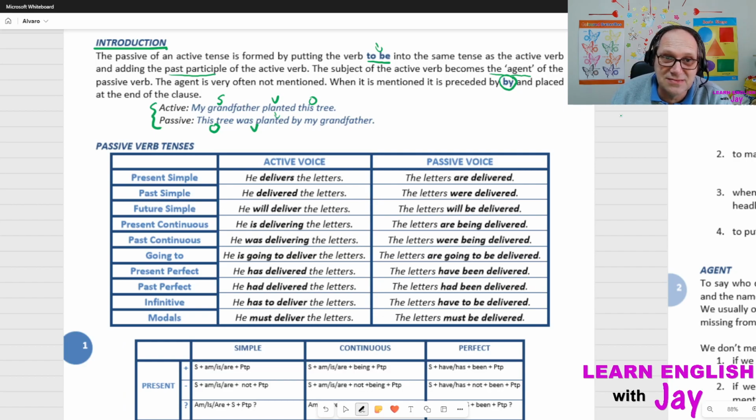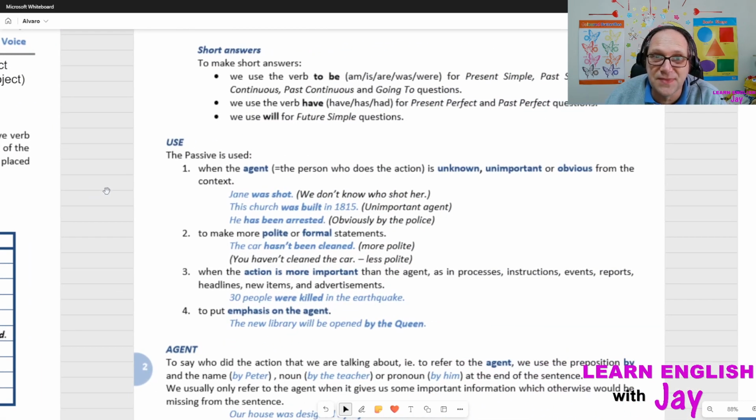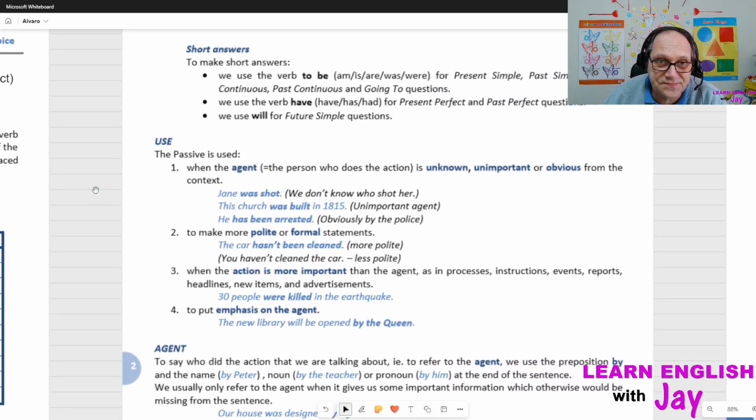Was planted by my grandmother. When the agent is mentioned, it is normally preceded by by, and it's normally at the end of the clause. So now the subject is at the end, also called the agent. So when do we use it?